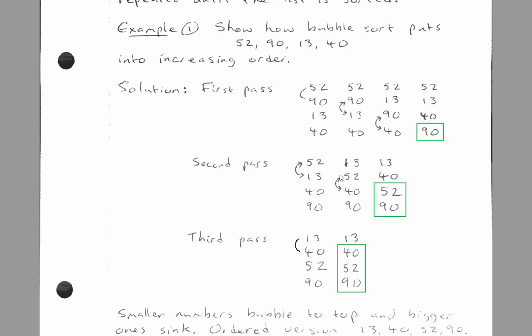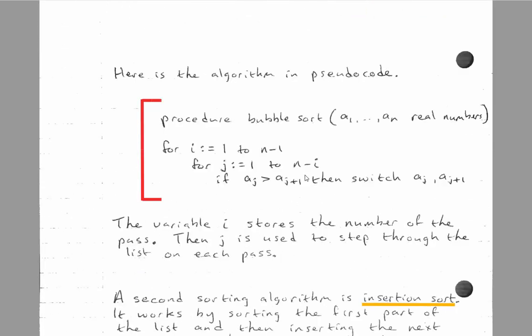So here J is 1, here J is 2. We don't need to check these two, we know that the last one's in the right place. So these J loops get shorter.